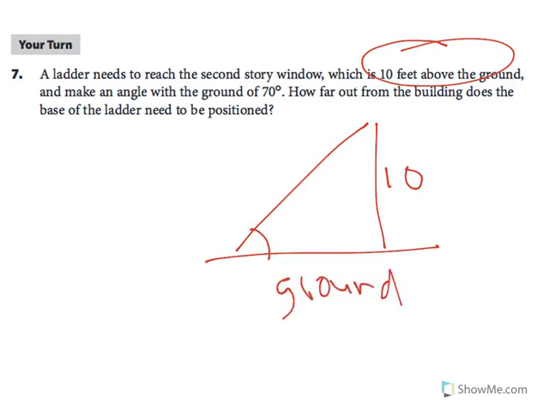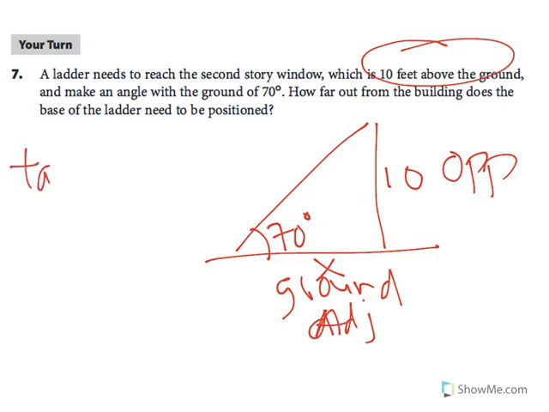And it's saying that it makes an angle of 70 degrees, and we're going to find out how far it is from the building. So this is your opposite, the ground is your adjacent. So we can see that tangent of 70 degrees is equal to opposite over adjacent. To solve it, we use the cross product.